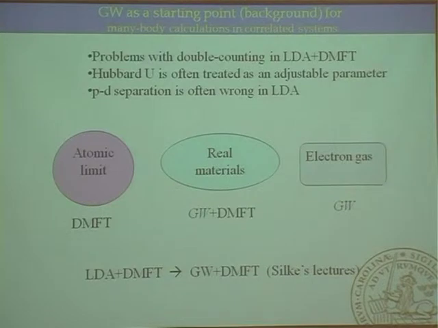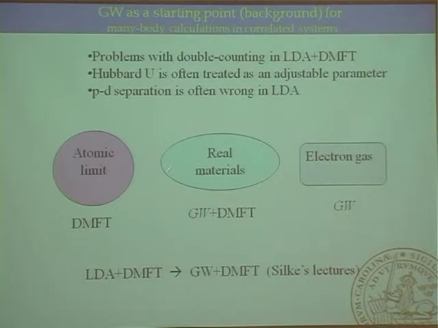You start from the atomic limit, and then you take into account the hopping to the surrounding materials and systems. On the other hand, GW starts from the electron gas picture. So you start from the band structure picture of the electron gas and take into account correlations by means of screening. So the W here is the screened interaction.